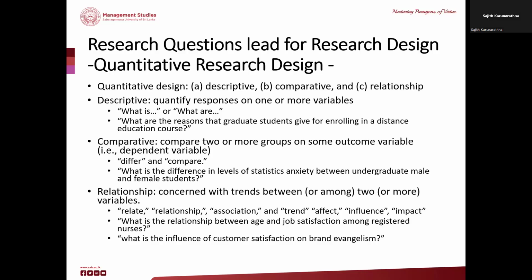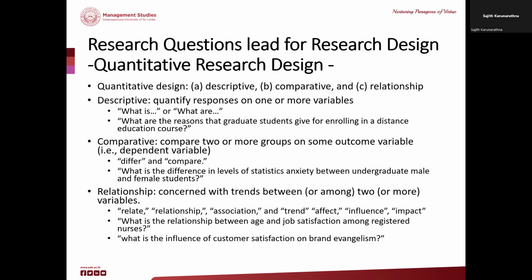Likewise. The third nature of questions which we could have under the quantitative design is relationship bounded questions. That is concerned with trends between or among two or more variables. Here we use terminologies such as relationship, relate, association, impact, affect, trend, influence.